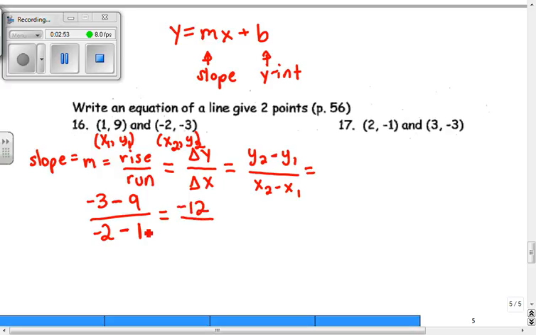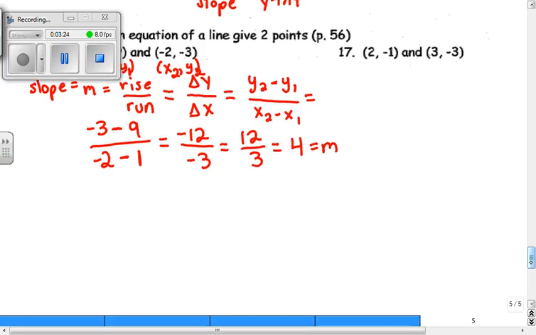Negative 2 minus 1 is negative 3. We have a negative over a negative. Well, that cancels. So we're left with 12 over 3. Well, what is 12 over 3? 12 over 3 just means 12 divided by 3. So 12 divided by 3 is 4. So that means m is 4. Our slope is 4.